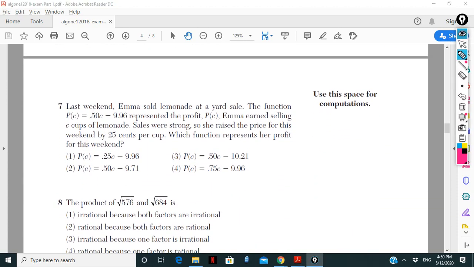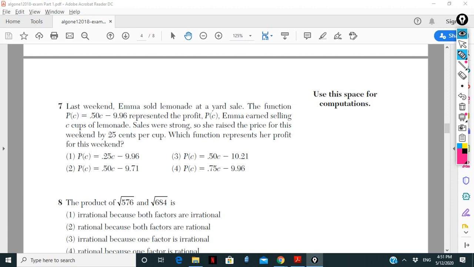Now, last week, Iman sold lemonade at a yard sale. The function P(c) equal to 0.5c minus 9.96 represents the profit P(c) Iman earns selling c cups of lemonade.